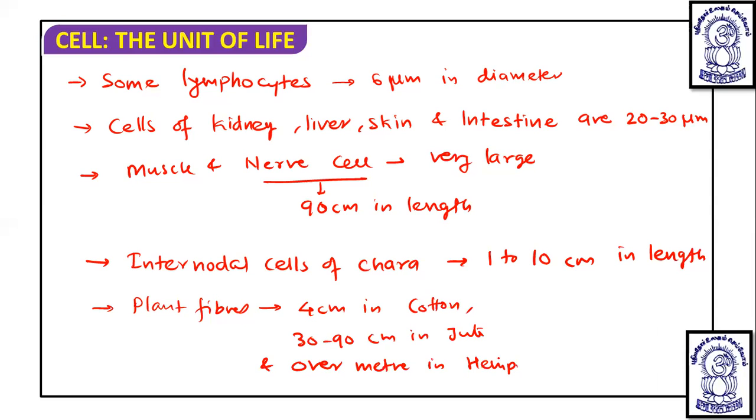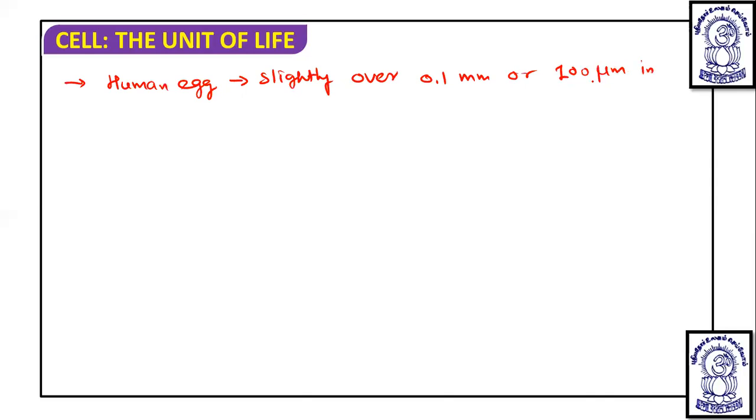If you talk about the human egg, it is slightly over 0.1 millimeter or 100 micrometer in diameter.